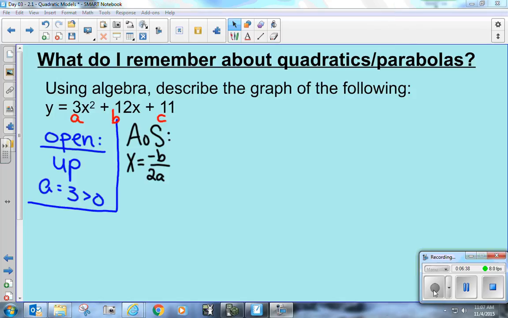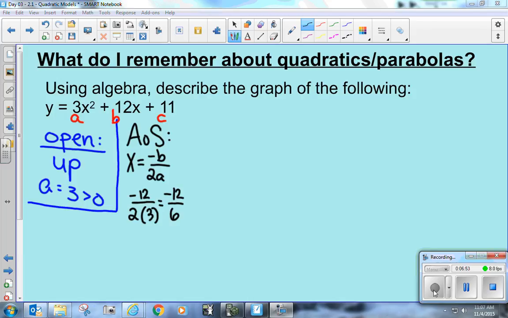So we negate our b value, 12, over 2 times our a value, which is 3. That is negative 12 over 6, which is negative 2. So x equals negative 2. That's our axis of symmetry.